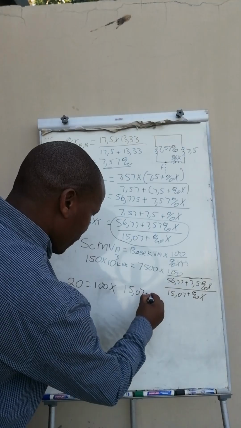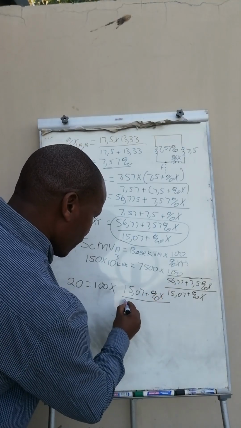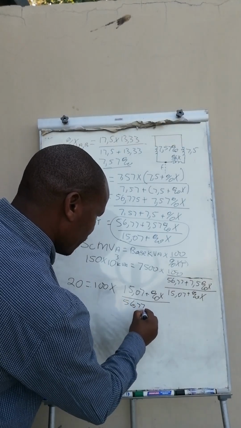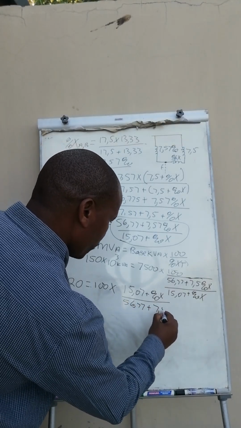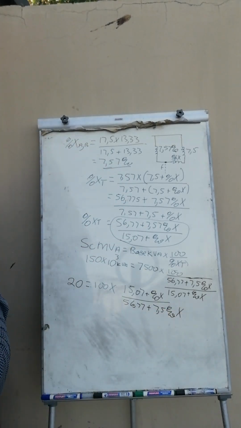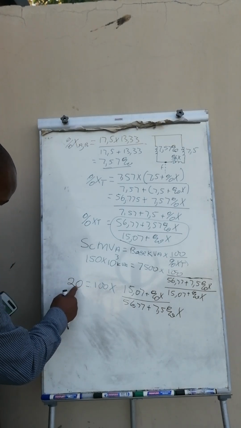15.07 plus percentage x all over 56.77 plus 7.5 percentage x. All right, we can divide by 100 here.